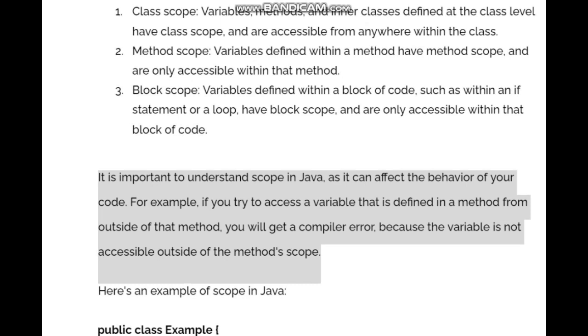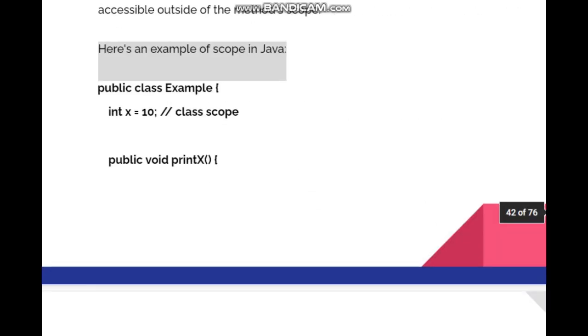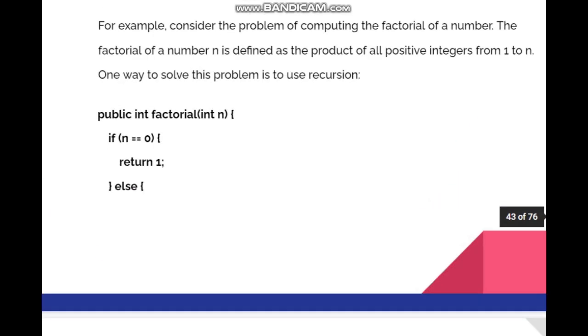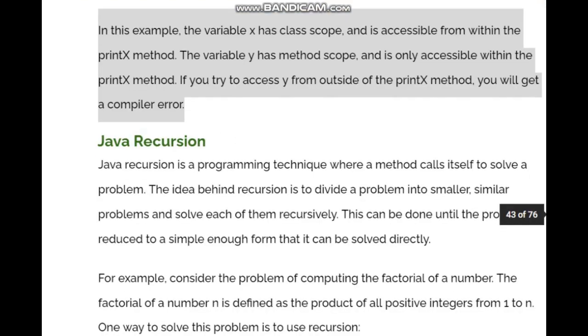Here's an example of scope in Java. public class Example { int x = 10; // class scope public void printX() { int y = 20; // method scope System.out.println(x); System.out.println(y); } } In this example, the variable x has class scope, and is accessible from within the printX method.